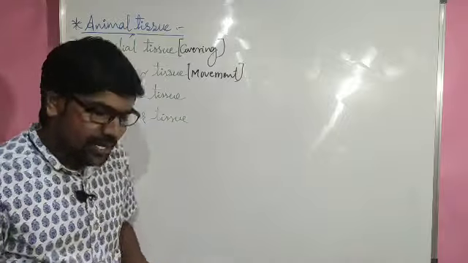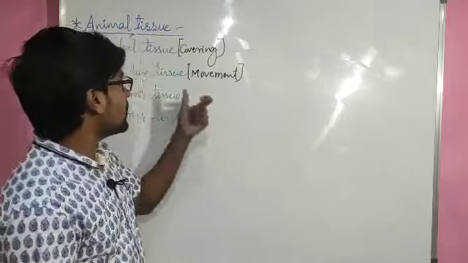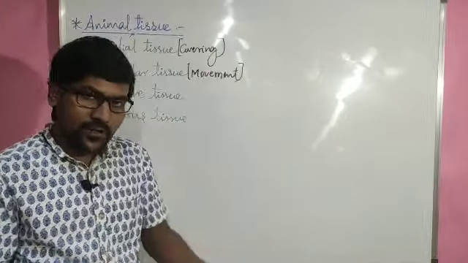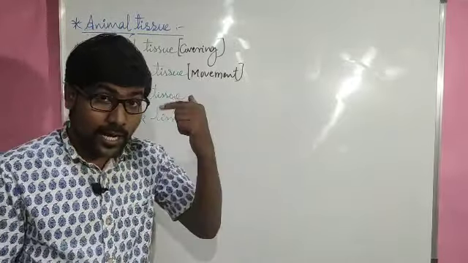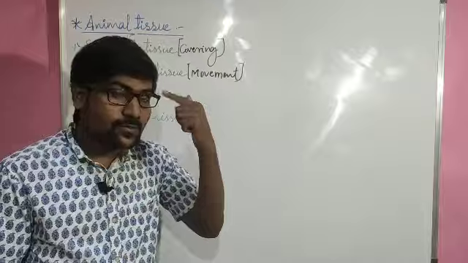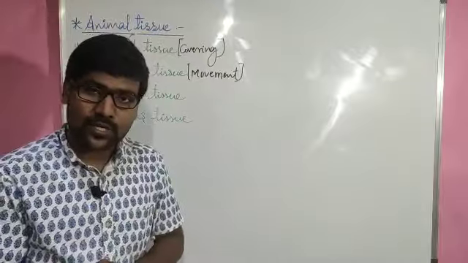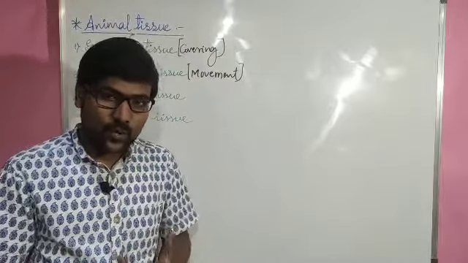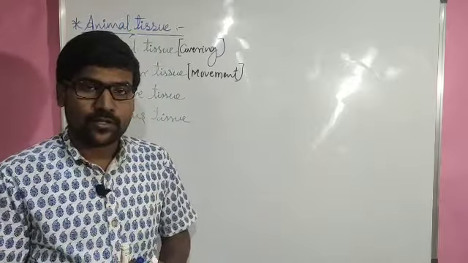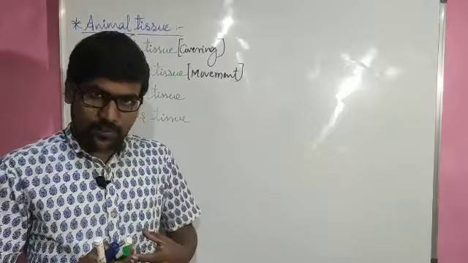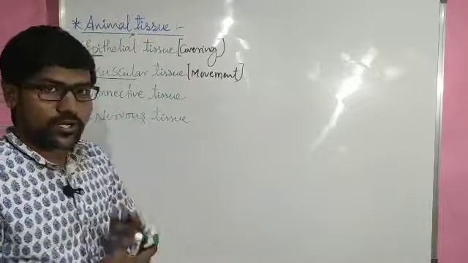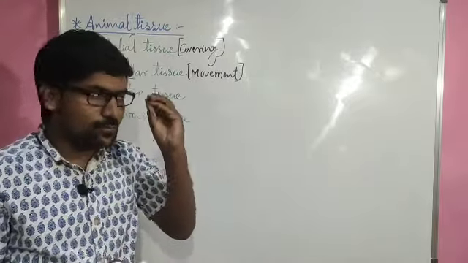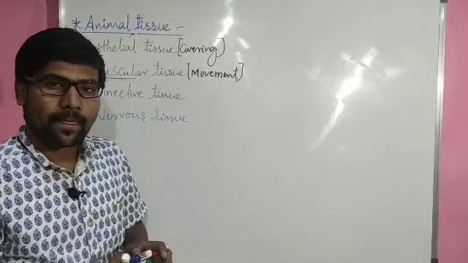For example, right now if I am walking, that is because of muscular tissue. If I am moving my hand, that is because of muscular tissue. If I am blinking my eyelids, that is because of this tissue. Heart beating, stomach working, kidney working. If I am breathing, my chest shows movement, and that is also because of muscular tissue. Wherever we get movement, it is because of this tissue.